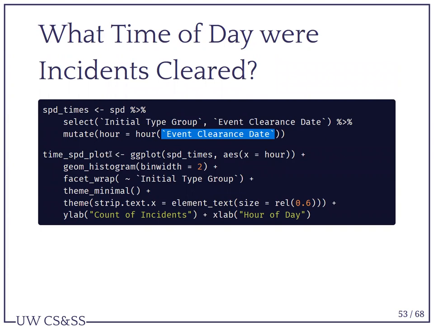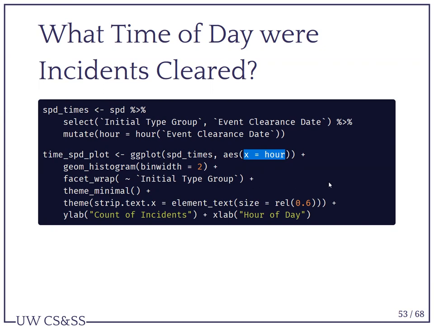And then we'll make this time SPD plot by using ggplot, our SPD times data. Our aesthetic is going to be on our x-axis, the hours. We're going to make a histogram with a binwidth of 2. And then we're going to facet by the type group, which is the type of incident that the SPD is responding to.